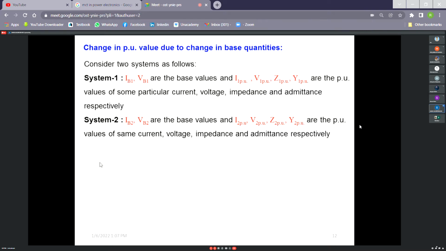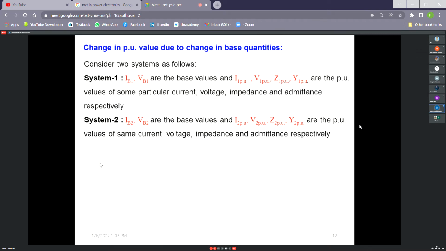And one more thing, generally, when we calculate per unit quantities for a particular equipment or device, we take base quantities as its own rating. Obviously, in that case, current and voltage will be one per unit, but impedance will be calculated according to the kVA and kV rating of that particular equipment.